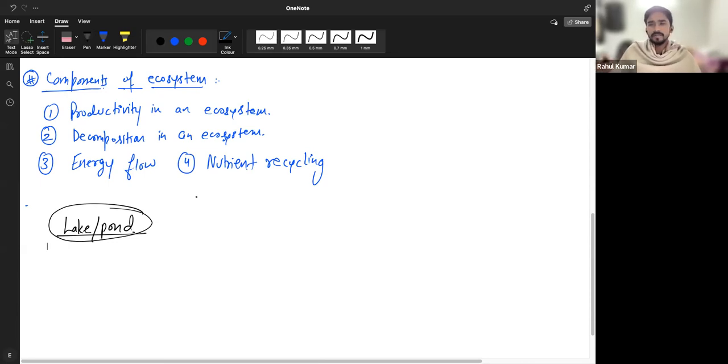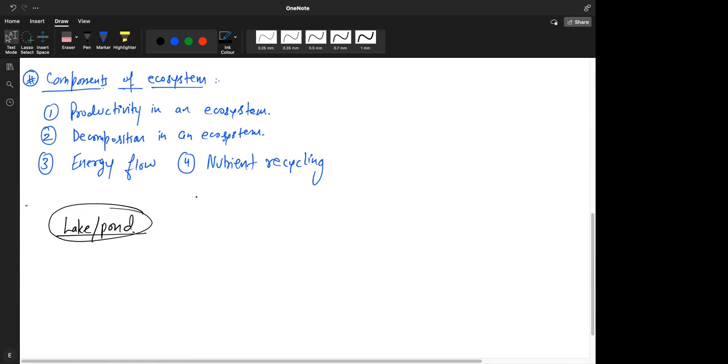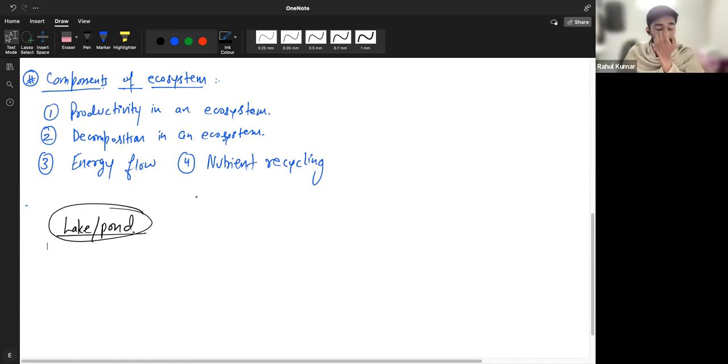So are they all living together, equally important, or doing similar kinds of functions in the ecosystem? Sir, can you repeat? I'm saying that all these individual species that you mentioned, do they all have equal weightage in the ecosystem?